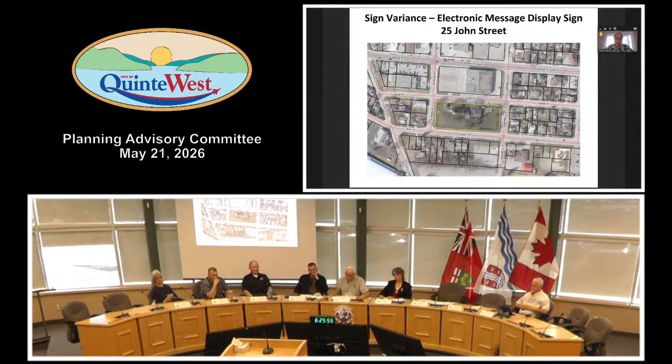I guess my only question is how bright the sign is going to be. Because there's the strip plaza on the opposite corner. There's the Yisk store, the gas station, and the beer store. They're all in that intersection. I'm just curious if the brightness of the sign is going to be some distraction to drivers. That's really my only concern. Other than that, I think this sign is going to work if they keep to their hours.